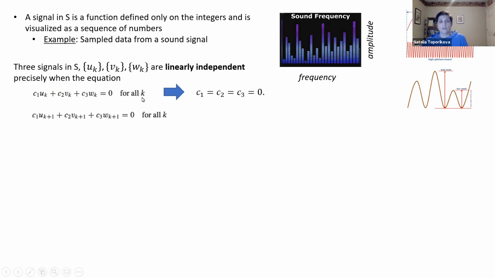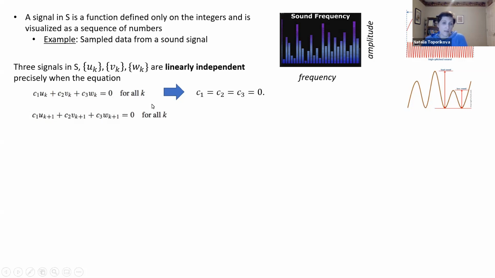But of course, sound does not exist at one given moment of time. Sound varies with time. So we can write down this linear dependence equation for any moment of time. Say if k represents the current time, k plus 1 will be the sound at the next second.